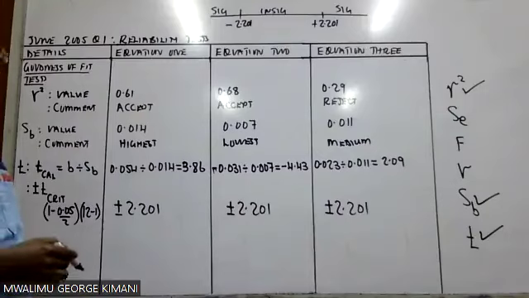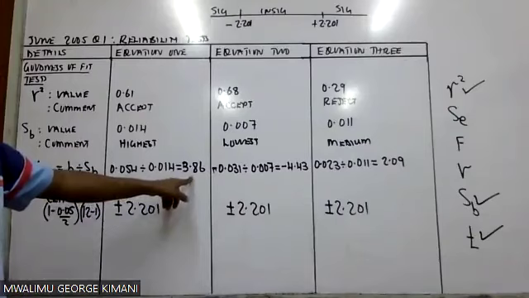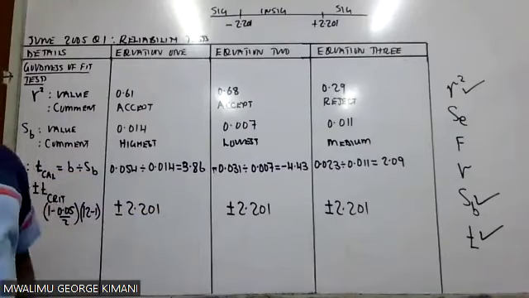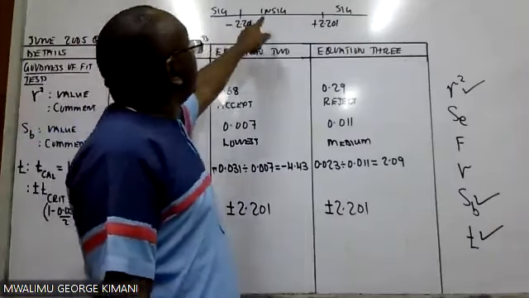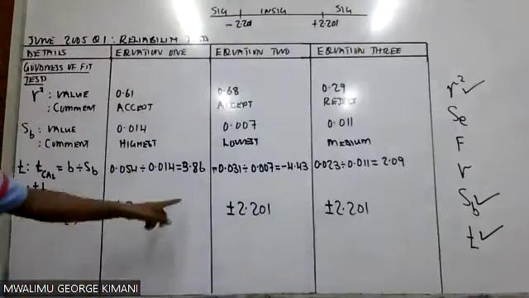So that being the case, you now come and check this 3.86, when you check with this one, is it in the region of significant, insignificant, or significant? Where do you find this one?